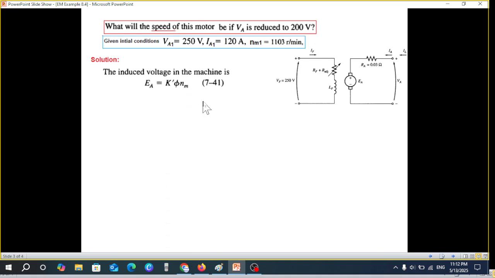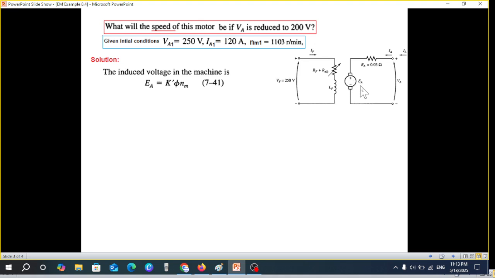So the first formula that we'll be using is the formula for induced voltage in the machine. The EA, this voltage here, and this is actually, in case of a motor, we are supplying voltage to drive the motor. And what is EA then? I'm sure you must have heard it, that this is called induced voltage, or in the old time they used to call it back EMF.